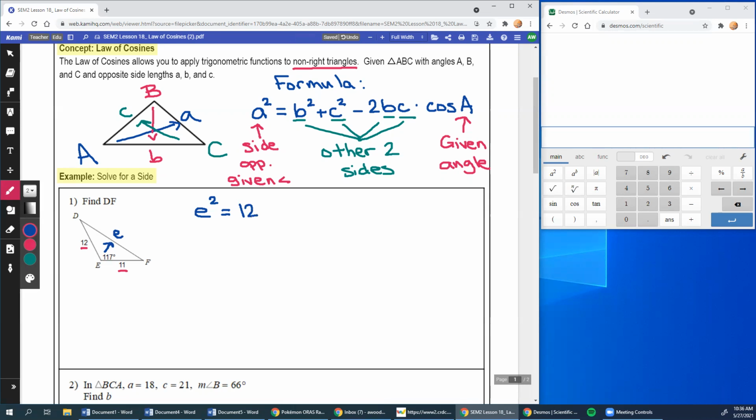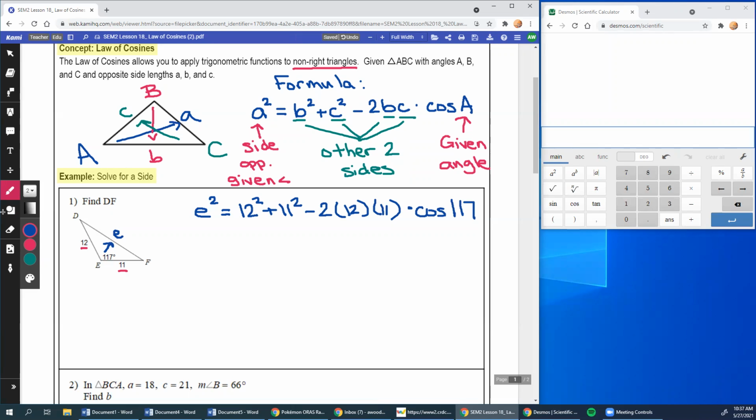So we're just going to do 12 squared plus 11 squared minus 2 times 12 times 11. Whatever I put my b squared and c squared in, that's the order I put in the b times c. And then multiply that by the cosine of my given angle, which was 117 degrees.